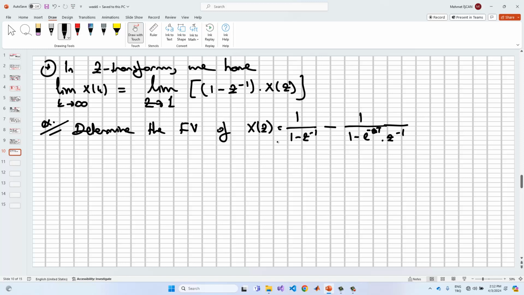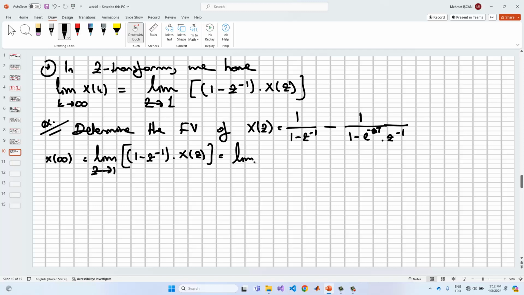Okay, and so how can we analyze this function in terms of the final value theorem? The x infinity value is equal to what? The limit as z goes to 1 of (1 - z^-1) times X(z), right?